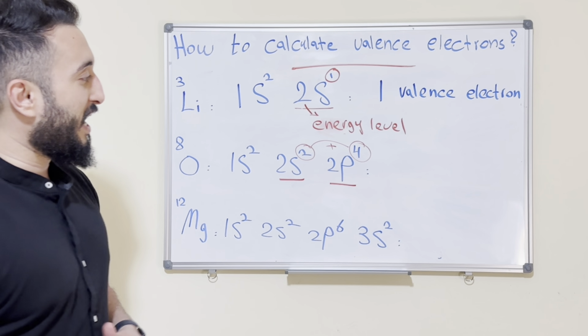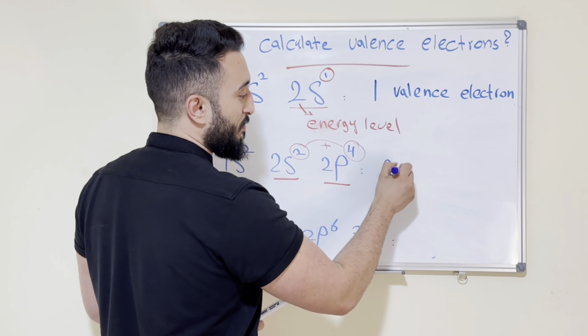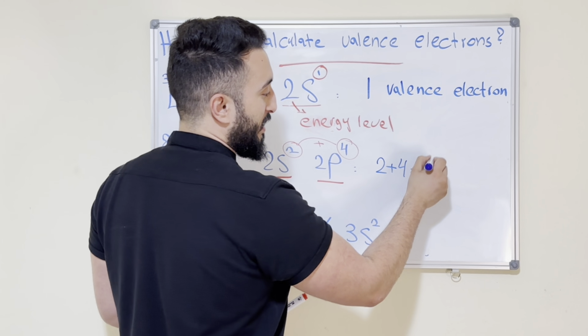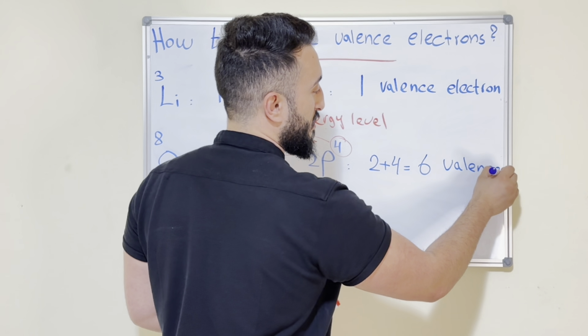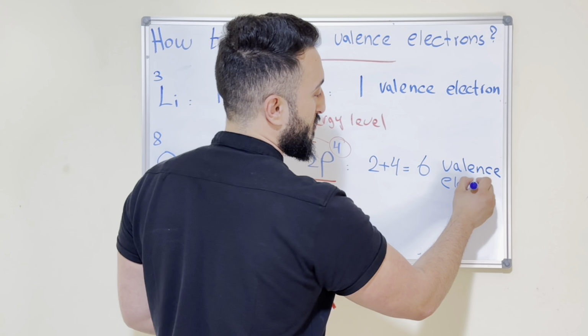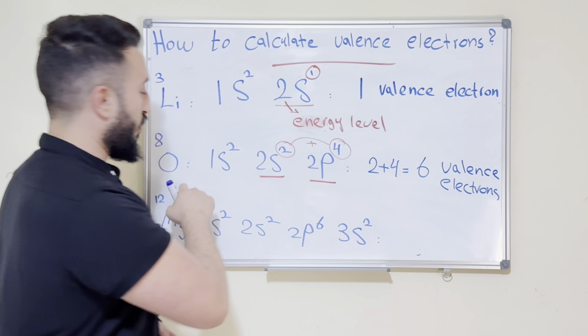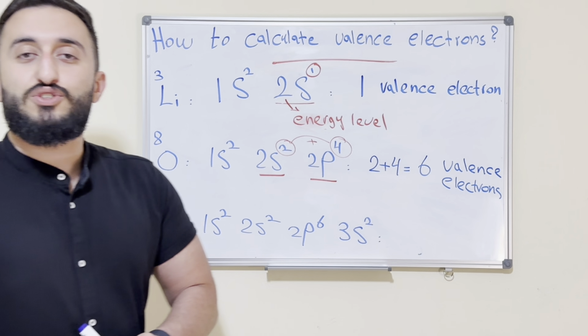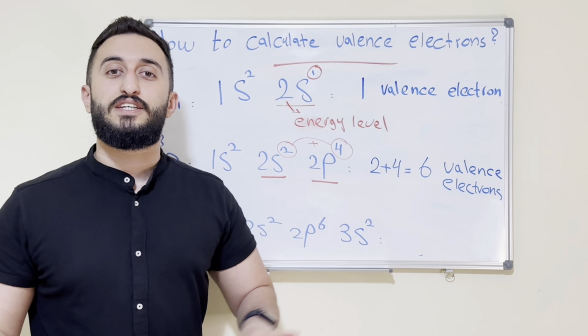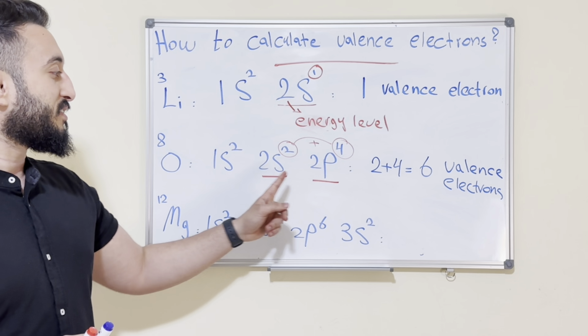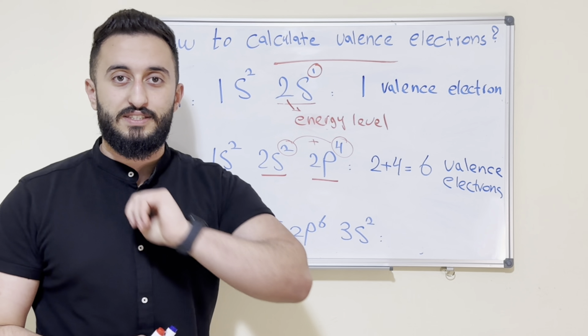So here we have 2 plus 4 equals 6. So we have 6 valence electrons for oxygen 8. So the valence electrons are basically the electrons that exist in the highest energy level. So what is the highest energy level here? It's the second energy level.